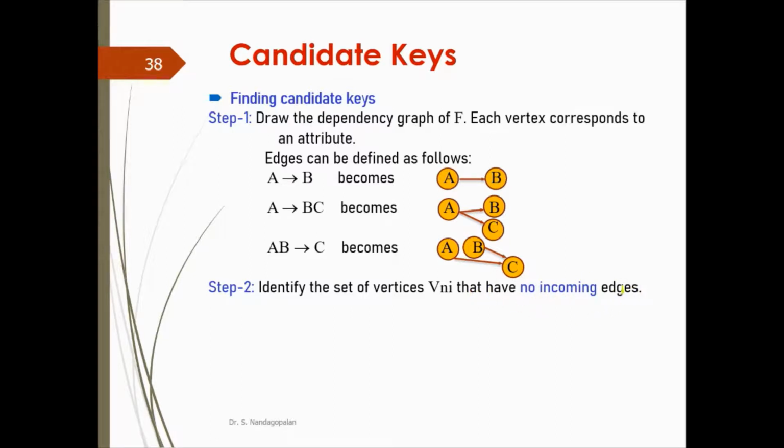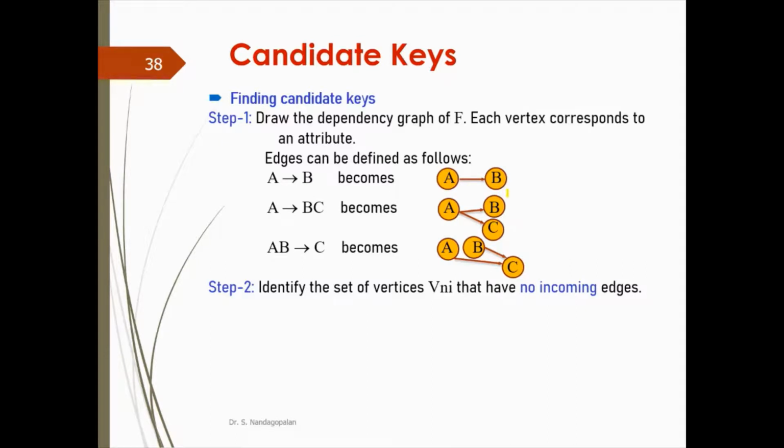For example, in this first case, A doesn't have any incoming edges, but B has an incoming edge. So I can say that the VNI group will include vertex A, but not vertex B.